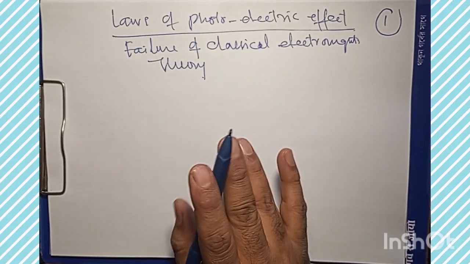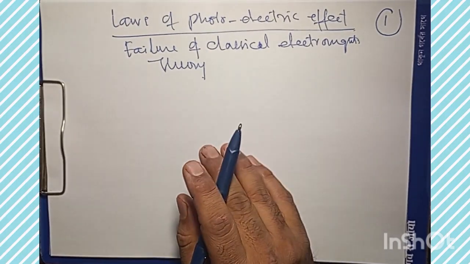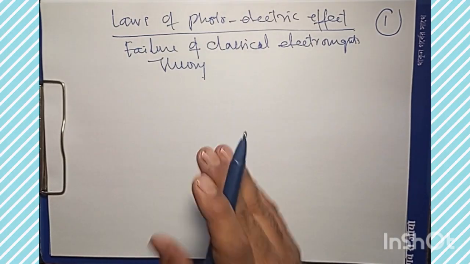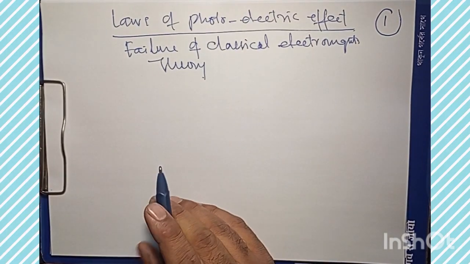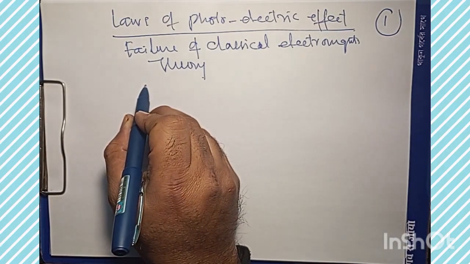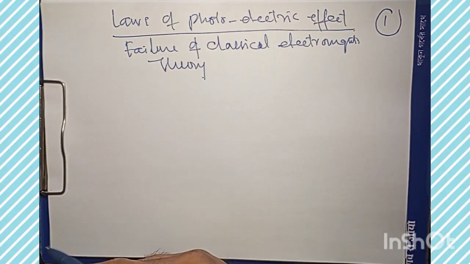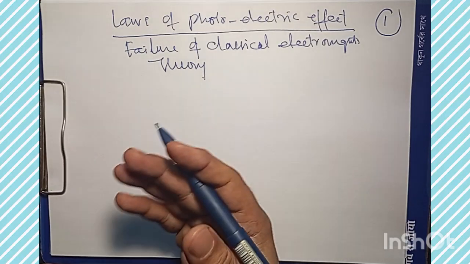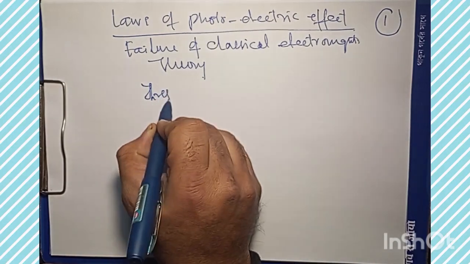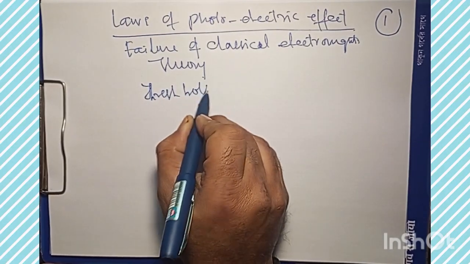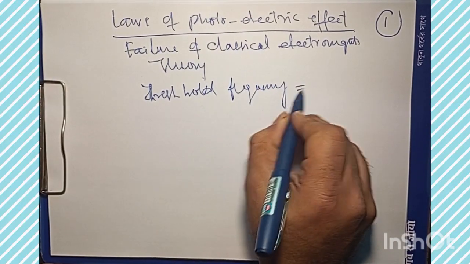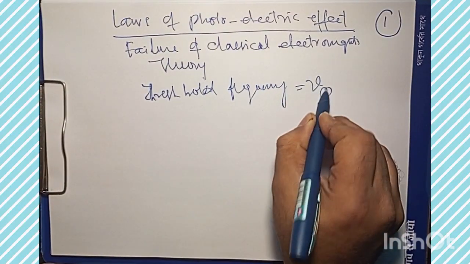We have seen that we couldn't find any photoelectric effect unless the radiation has some minimum frequency greater than that of some fundamental frequency, and that fundamental frequency is different for different materials. We call that frequency the threshold frequency, and we represent that by the symbol nu naught.